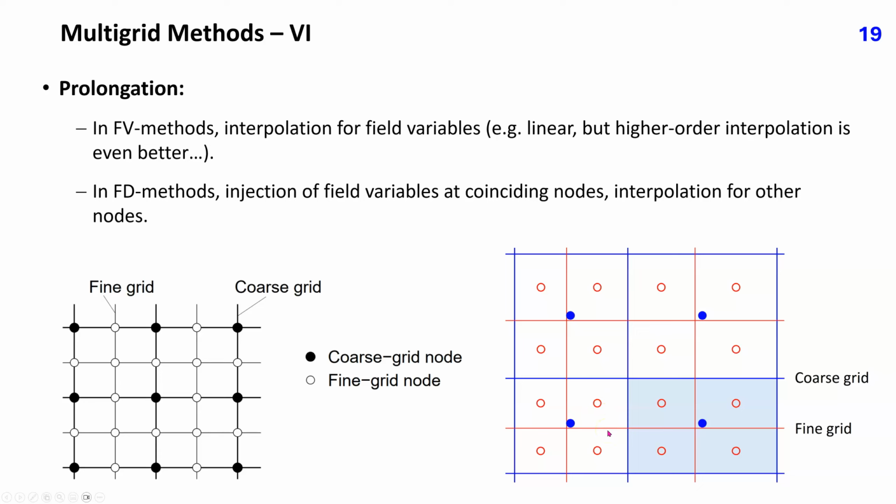In finite difference methods, some grid nodes coincide in fine and coarse grids, and the correction computed on the coarse grid node is injected into the coinciding node on the fine grid. For non-coinciding fine grid nodes, interpolation must be applied. In principle, linear or any high-order interpolation can be used.